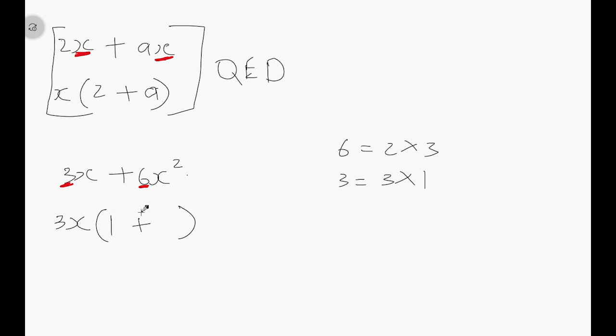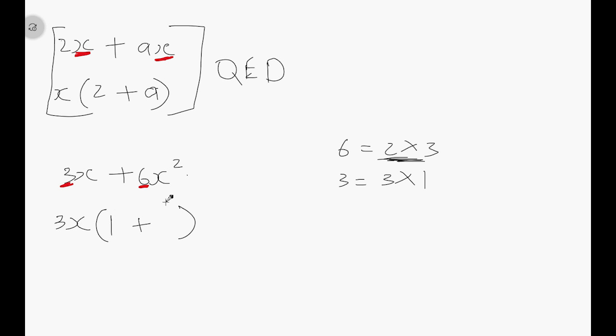Now we need to find what we would multiply 3x by to get 6x squared. From here you can see that you would multiply the 3 by a 2 in order to get the 6, right?